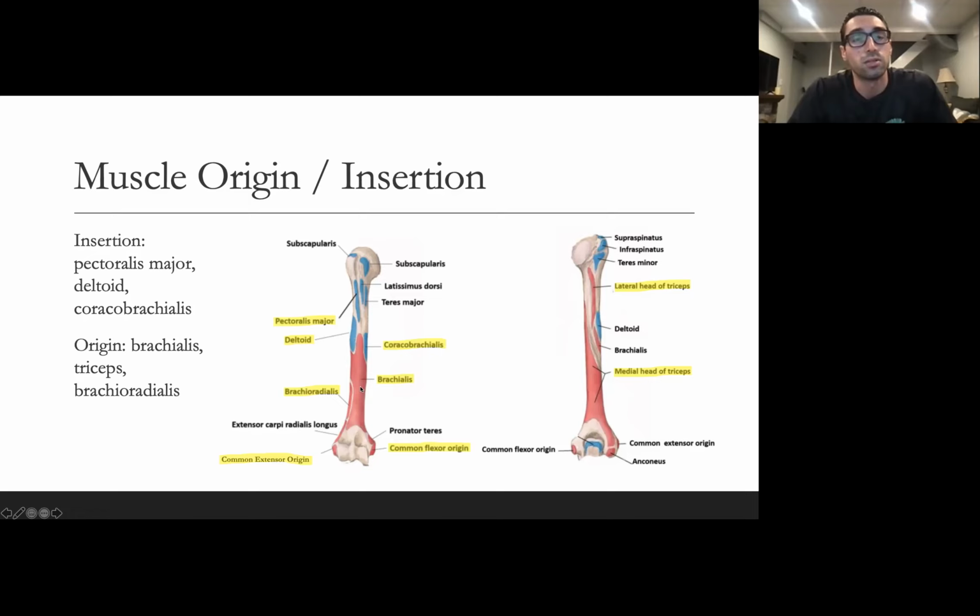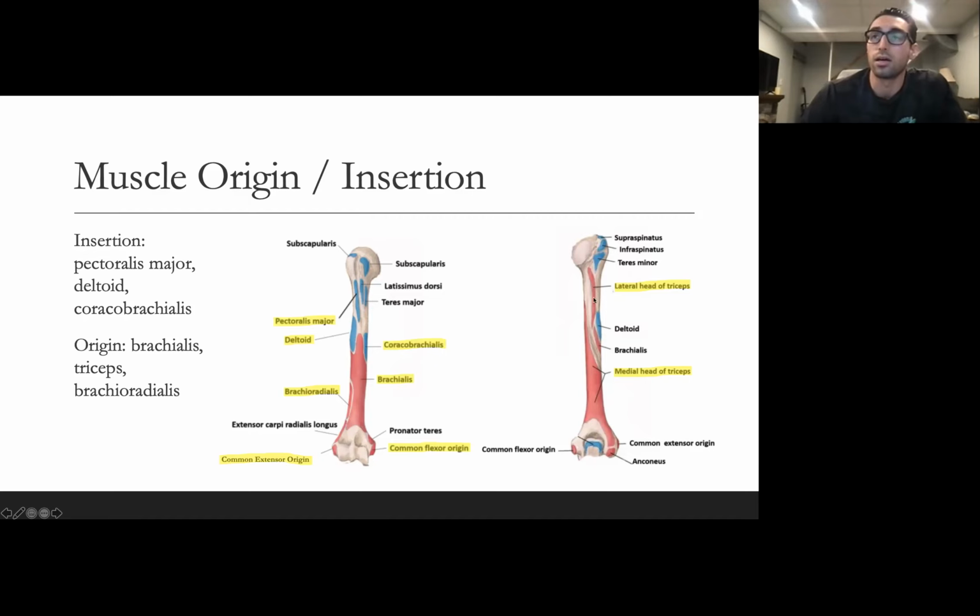Moving more distal, now we can talk about the origins of a couple muscles. So the brachialis has its origin on the anterior distal part of the humerus, the brachioradialis distally on the lateral part of the humerus, and then moving even farther down, again, the common extensor origin on the lateral epicondyle, and then the common flexor origin on the medial epicondyle.